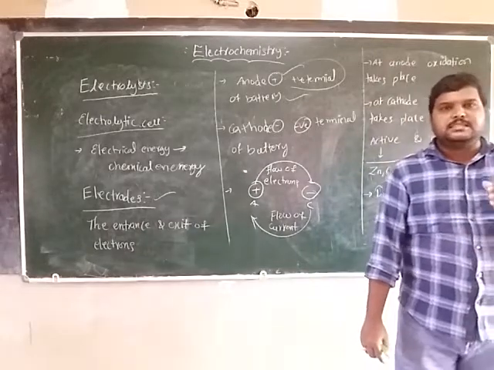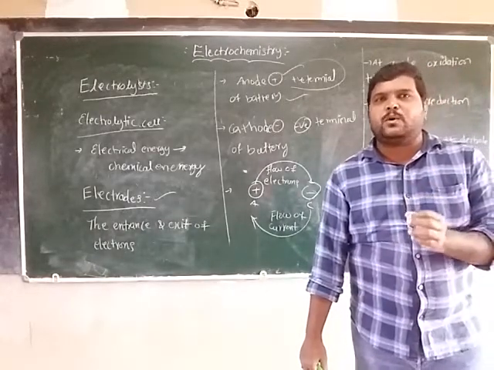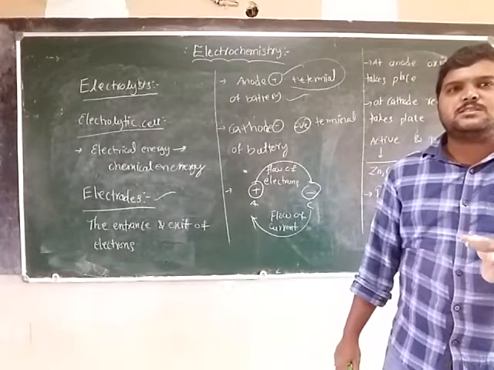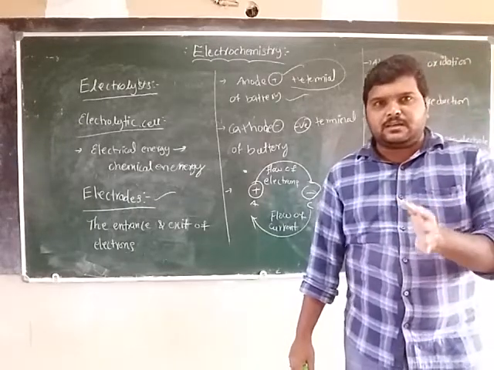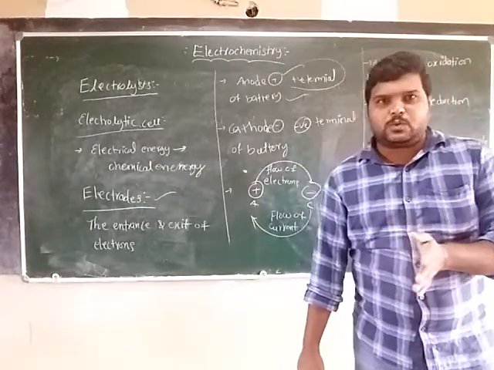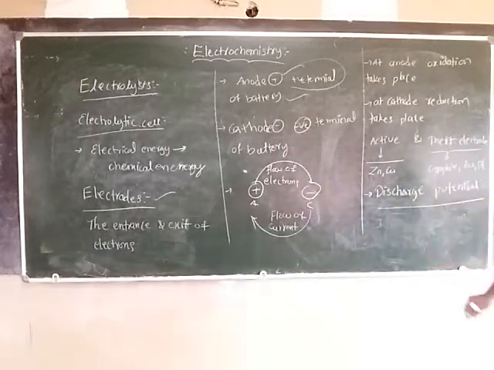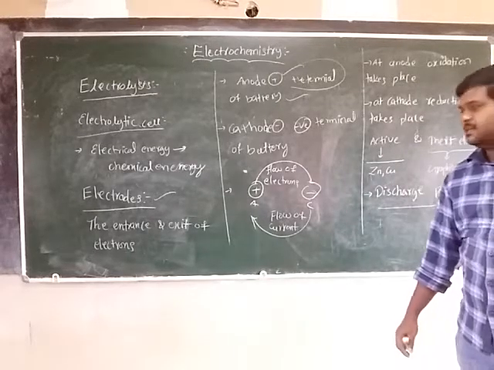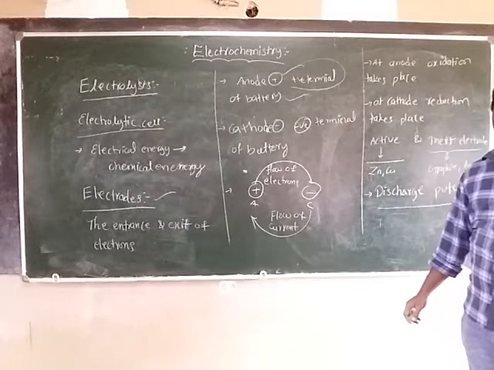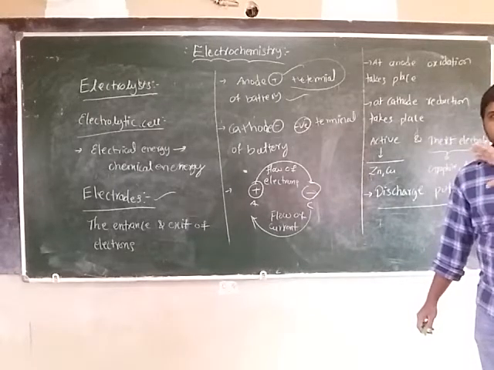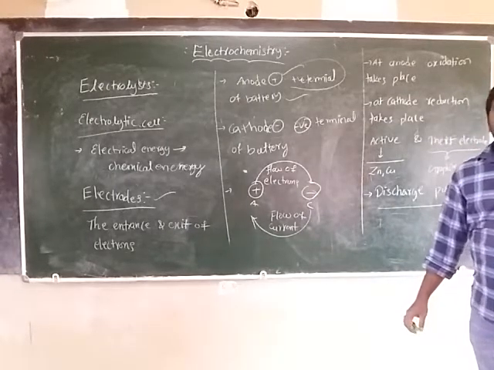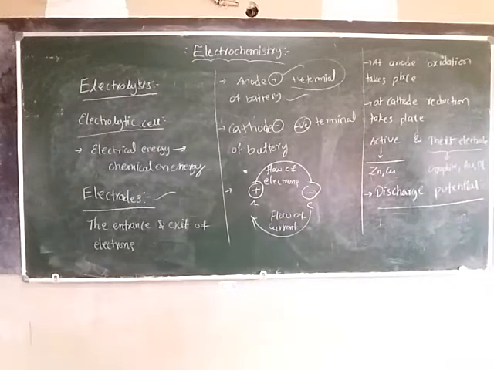That is called the discharge potential. It is the minimum energy required for the ions to discharge at the corresponding electrodes. That is an electrode potential.